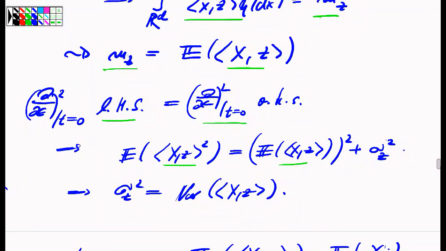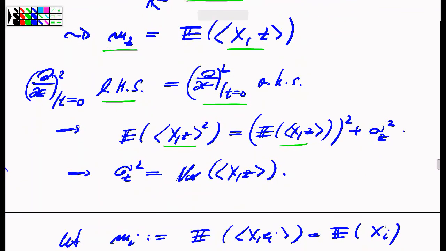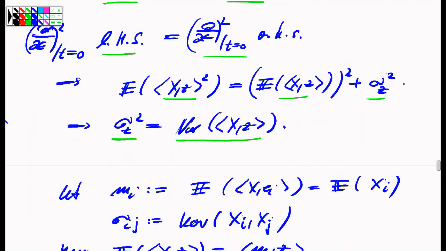And on the right hand side, if we do the algebra, we obtain the expected value of x projected onto z, squared, plus sigma squared z, which if we rearrange or solve for sigma squared z, tells us that sigma squared z must be the variance of the same random variable xz.